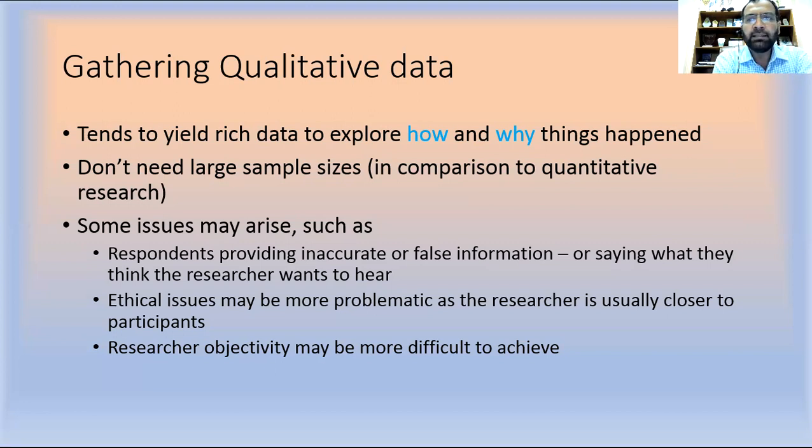So these are the important things which we have to consider while we are having a sample in our qualitative research studies. We have to identify carefully who will be the respondents.